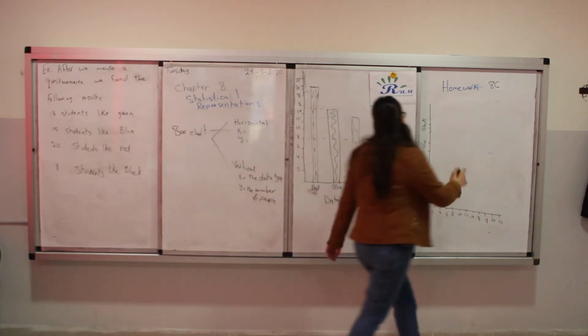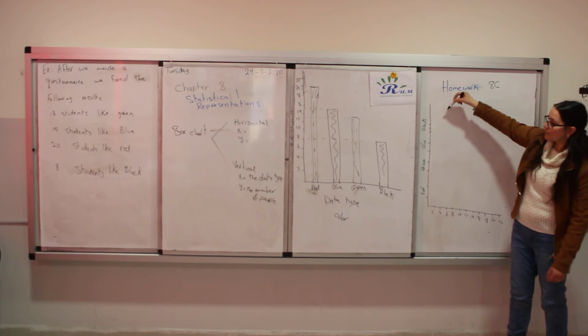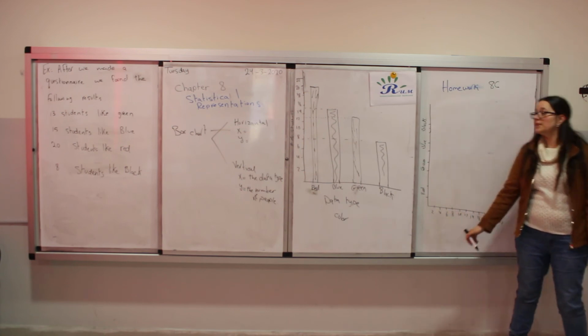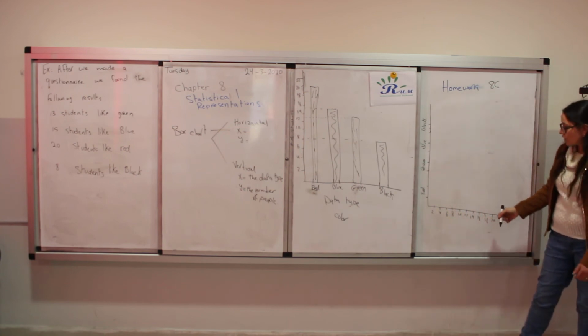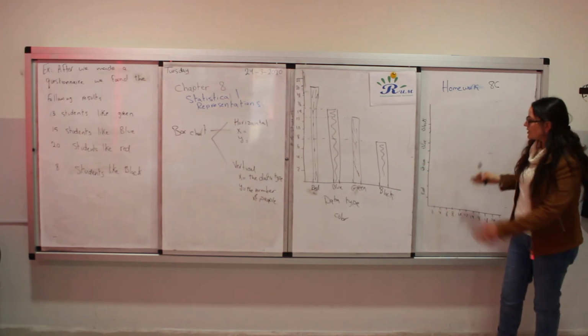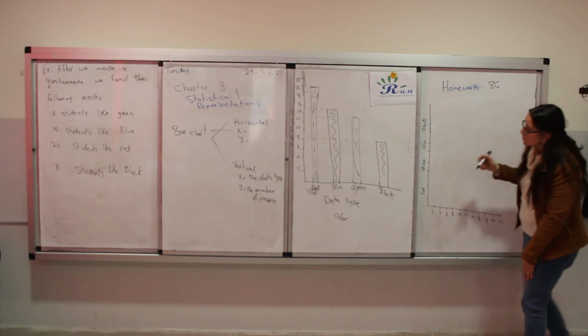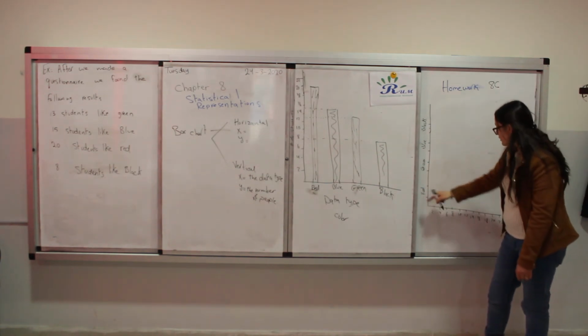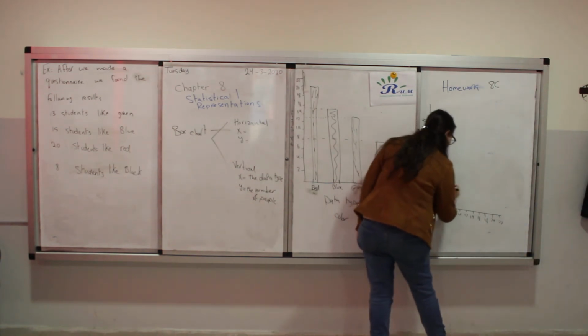Now, it's going to be very obvious for you that the second chart will be the horizontal chart, and we are going to just draw the same bars but in a different orientation. So the red is 20 students.